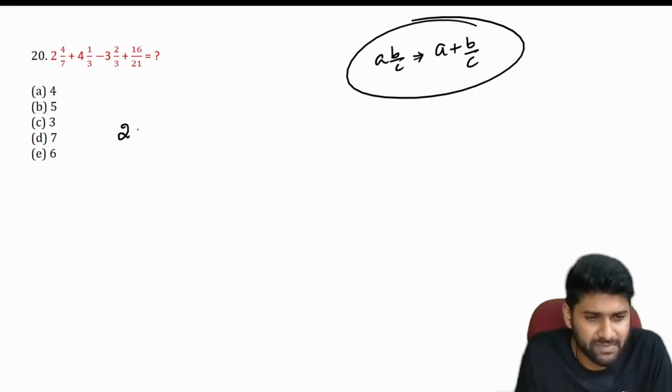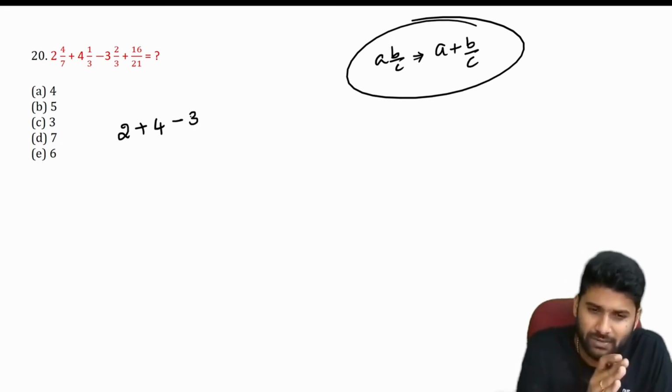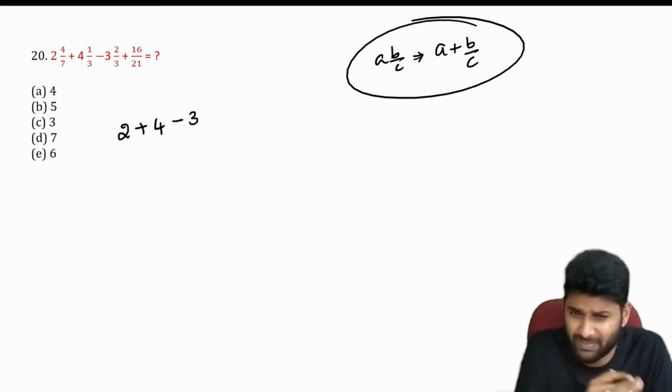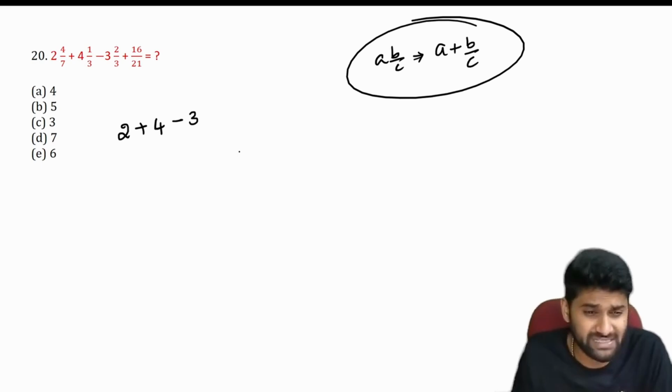Now see, take these numbers. First of all, 2 plus 4 minus 3. Guys, are you clear? Just separate the mixed fraction into the A and a fraction. Fraction just separated, A, and B by C separate. Now take the next fractions here.